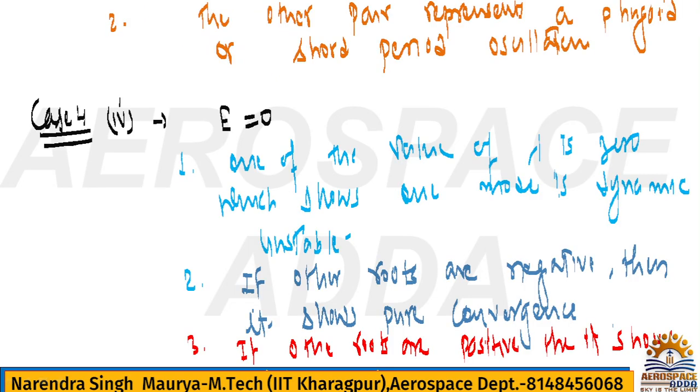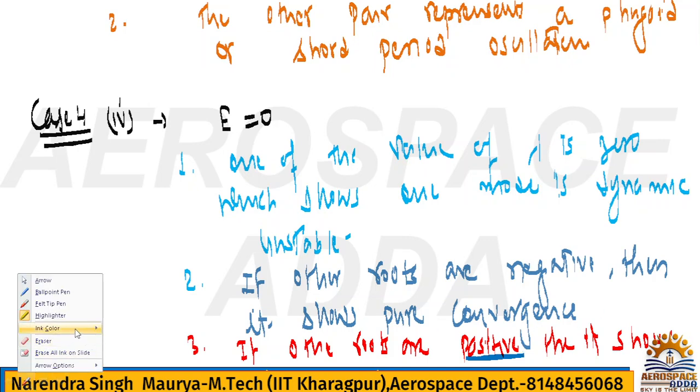So if other roots are positive, then it will be divergence, and if other roots are negative, then it will be pure convergence.